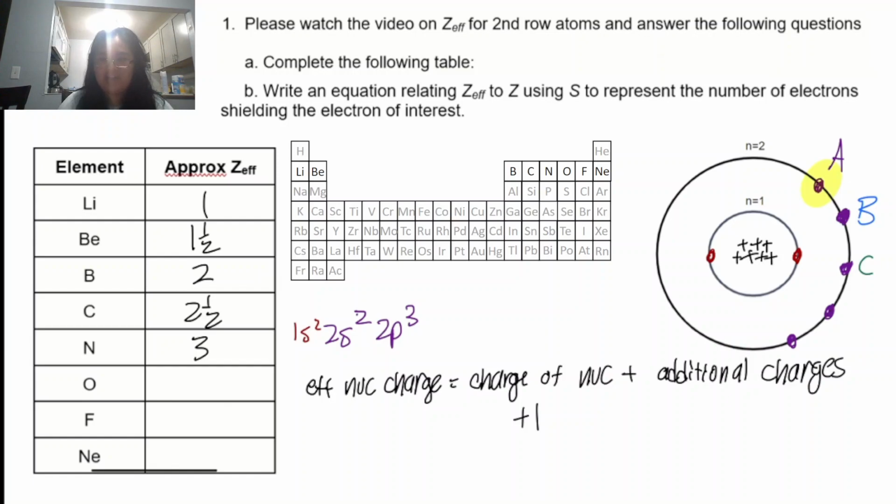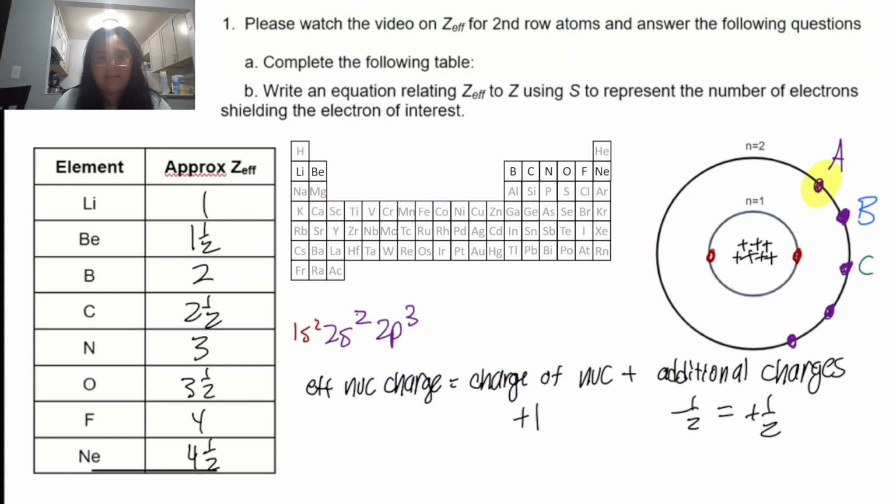And we've established that electrons in the outermost shell, along with our external charge, only contribute half a negative charge. So if we're adding a full charge and subtracting half a charge every time we go up an element, then the net change for each element is +1/2, which is why each element increases by half in the table. So that means oxygen is 3.5, fluorine is 4, and neon would be 4.5.